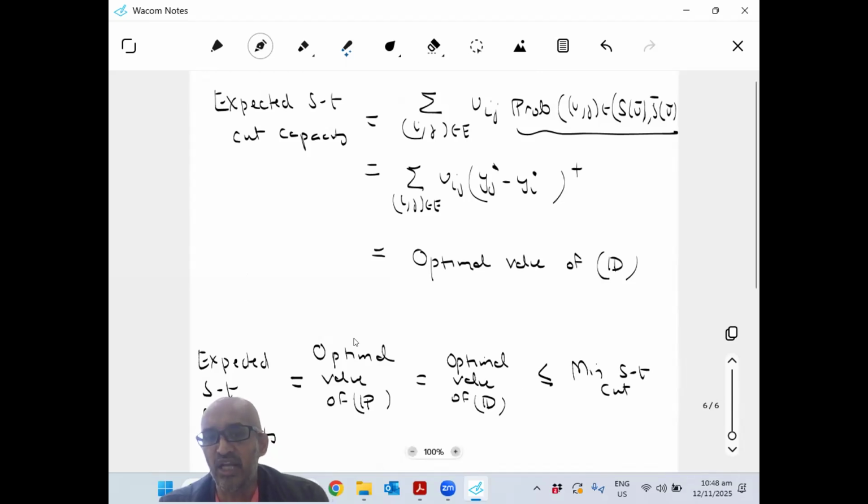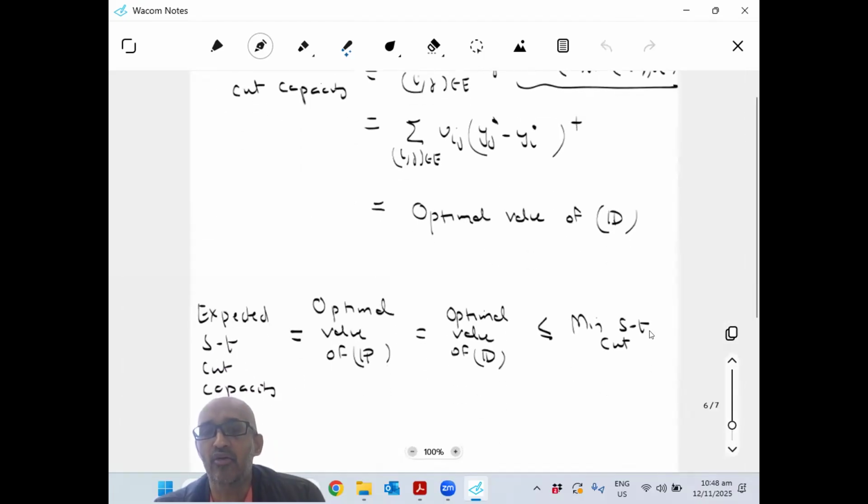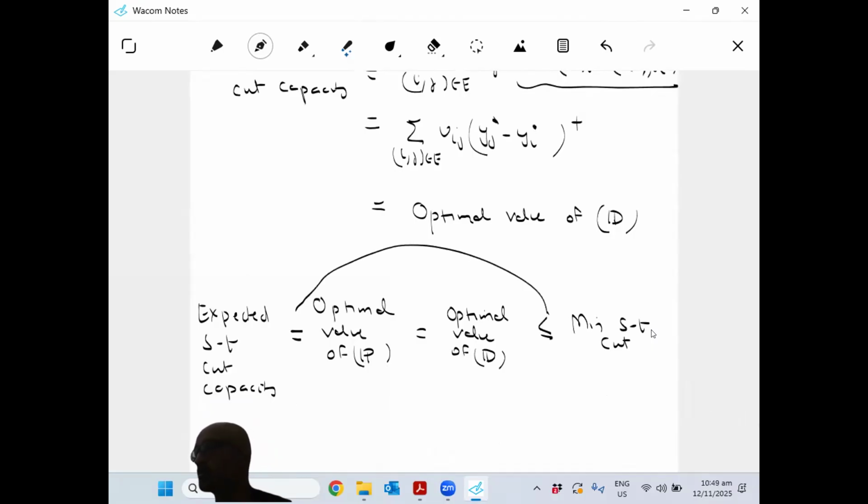If a random variable in expectation, how can I have, sorry, so this is an expected cut capacity. Every cut capacity has to be greater than or equal to the minimum ST cut. So the only way this can occur is these two have to be the same, right? There's no other way this can occur.